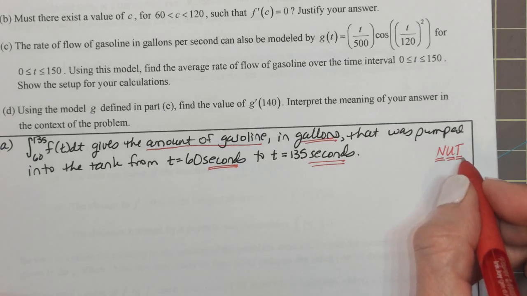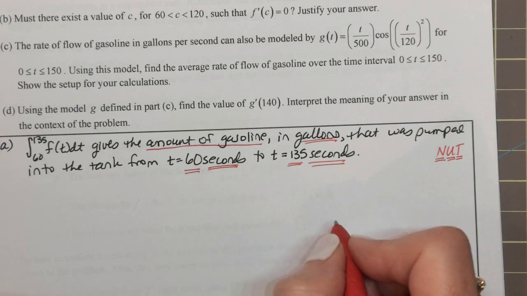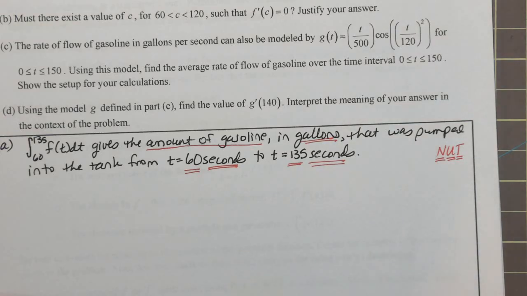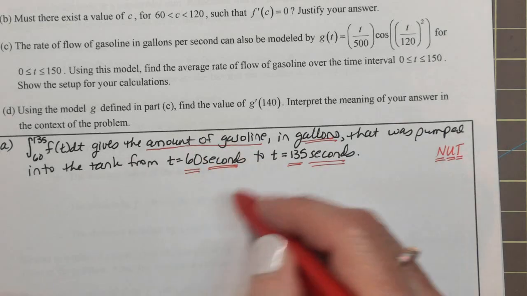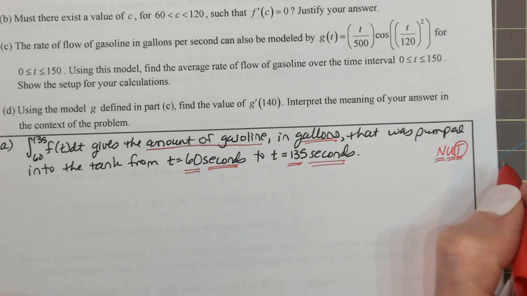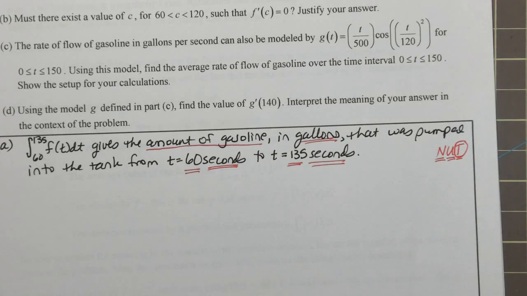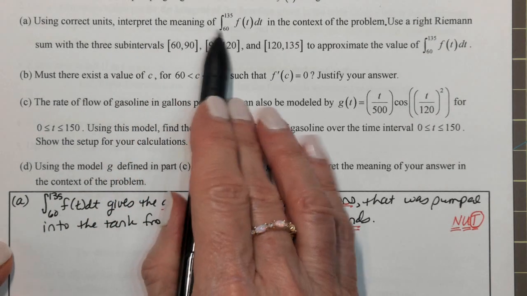And the time, 60 to 135. Okay? Now granted, in some of our descriptions, some of our explanations, the meanings, this T won't represent time. It'll represent whatever the independent variable is.